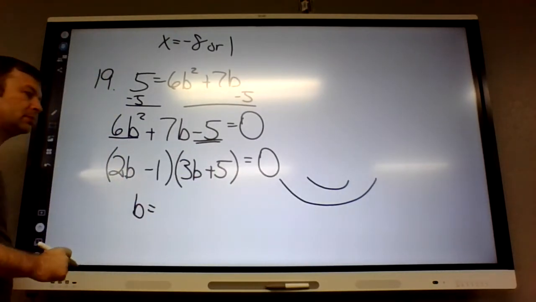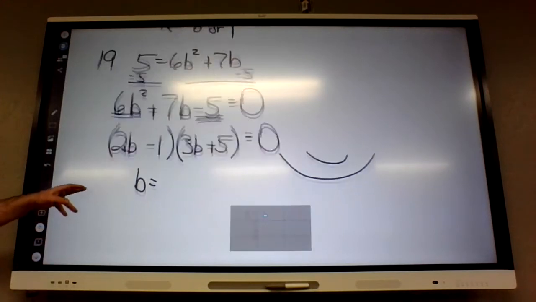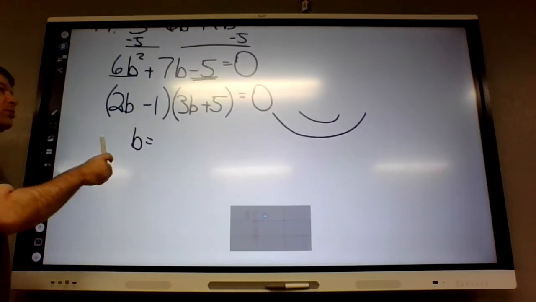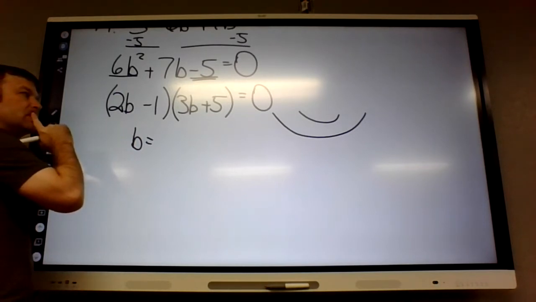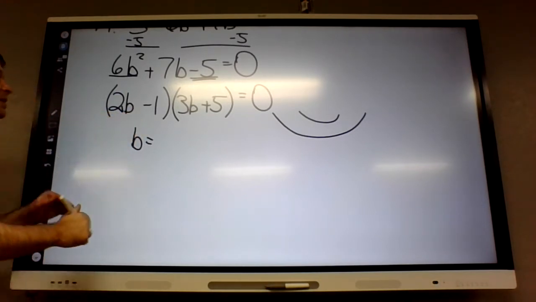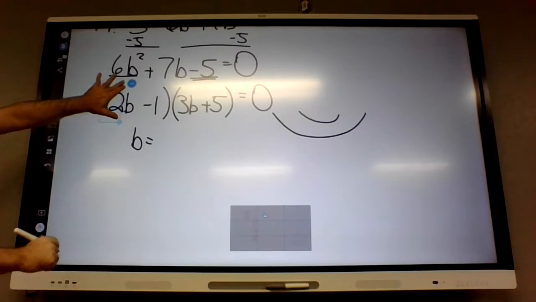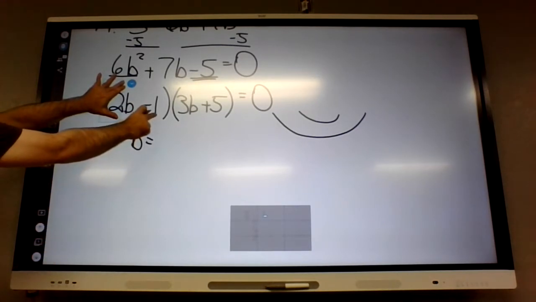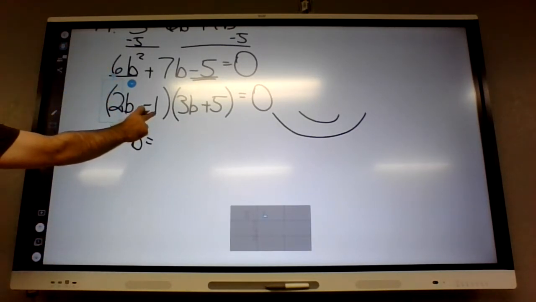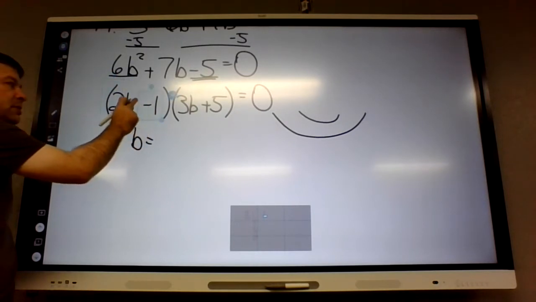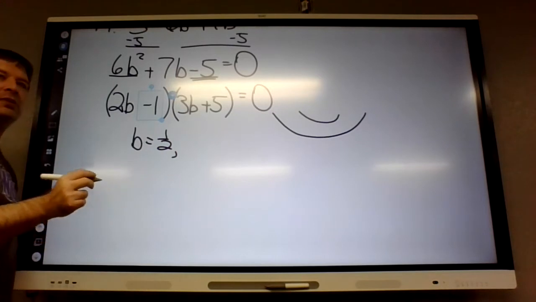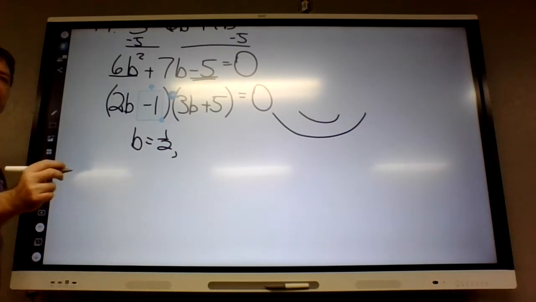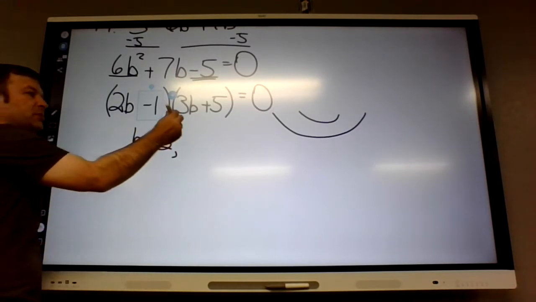Can you help us with 20? What values of b would make these factors into 0? Okay. Instead of positive 1 on this one, you guys remember what it was? Negative 1. Positive 1 over 2. Carson, what do you think this one would be?